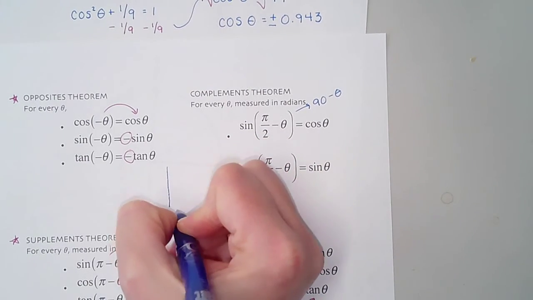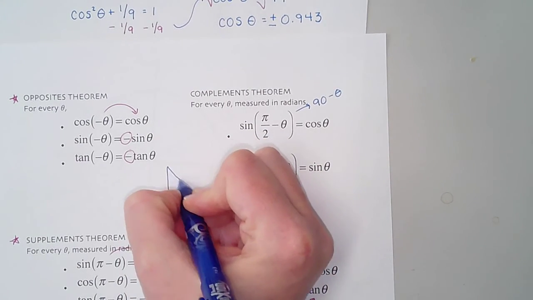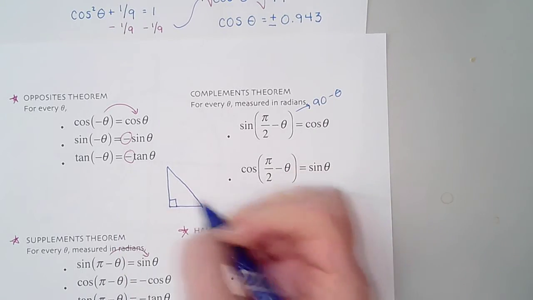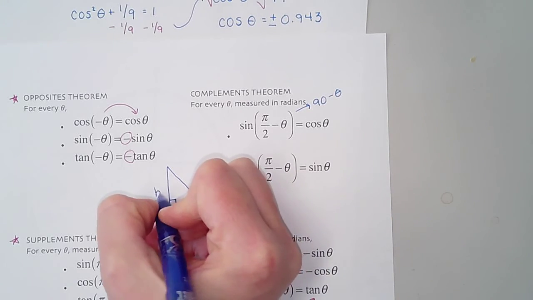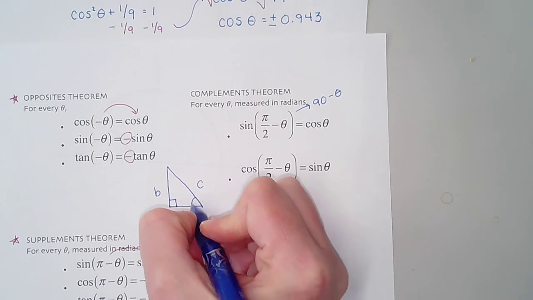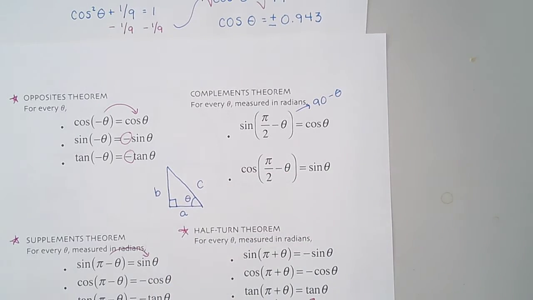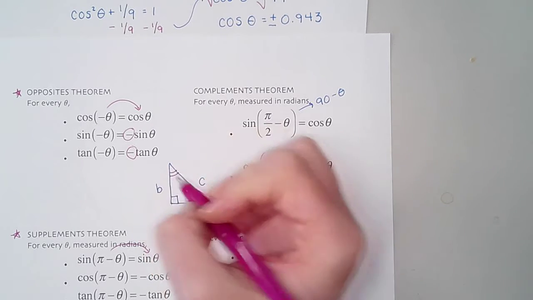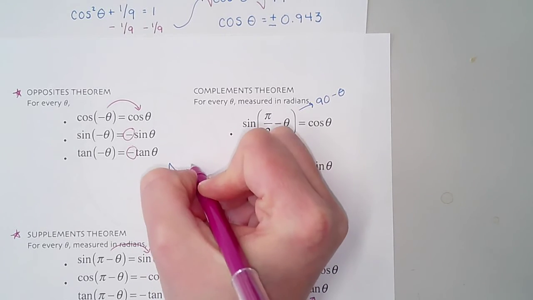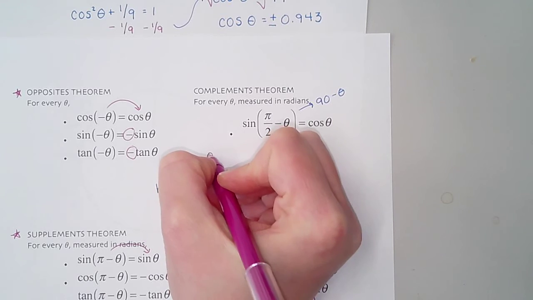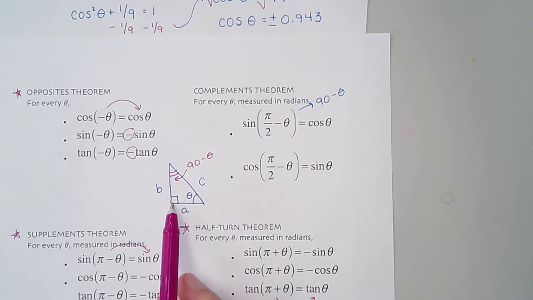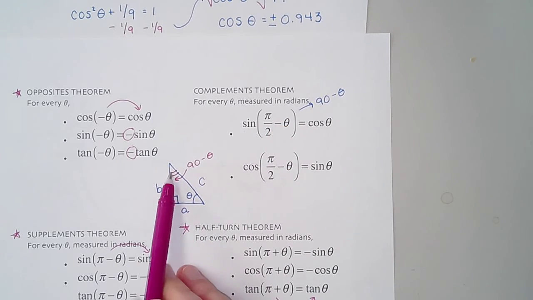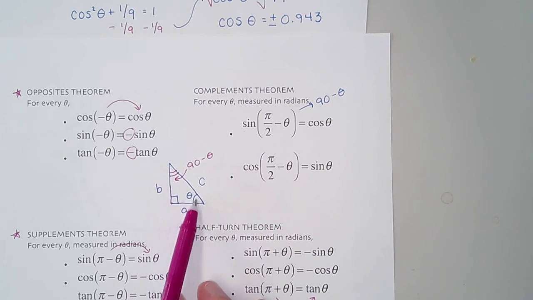If we're living in the land of right triangles, where this is A, this is B, this is C, and this is my theta, we talked about how to find this angle here: you would do 90 minus theta, because 180 minus 90 would leave you with 90, and that means these two angles have to add up to 90.